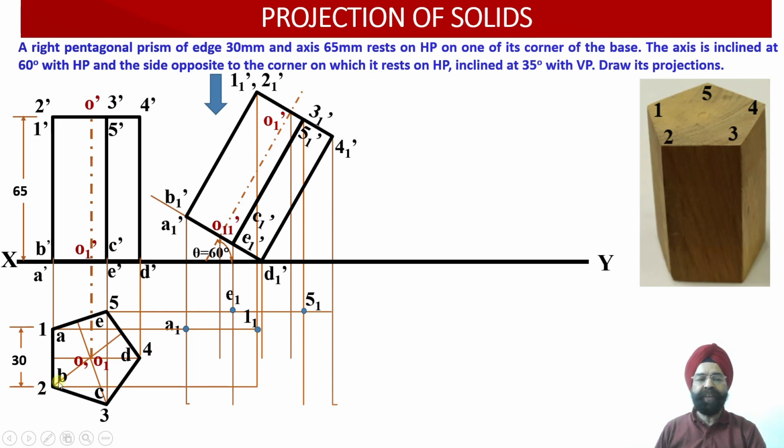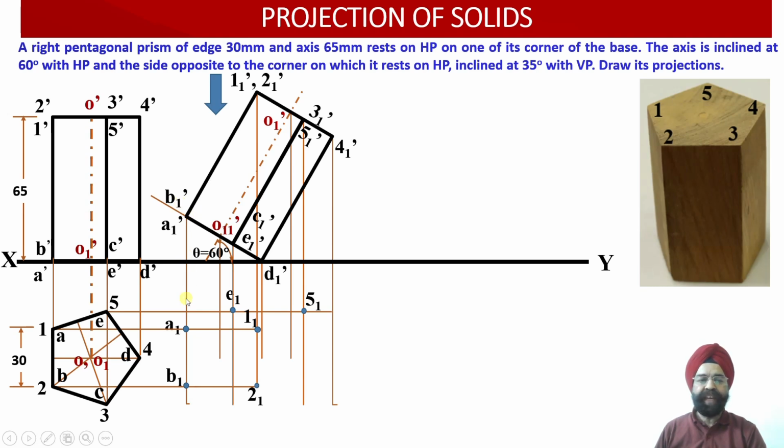Now the next point which we are going to discuss is 2 and B over here. This point is 2 and B. So from 2 and B, again we have drawn a horizontal projector line. Once we draw a horizontal projector line through 2 and B, wherever this horizontal line is intersected by the vertical projector lines emerging from B1 dash and 2 1 dash, we will be obtaining the points B1 and 2 1. So please check, this is B1 dash.